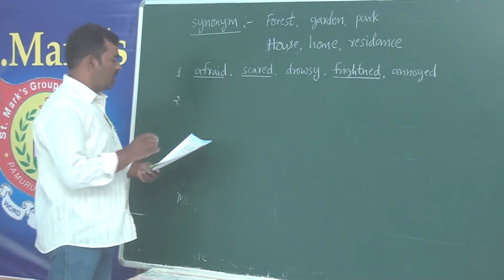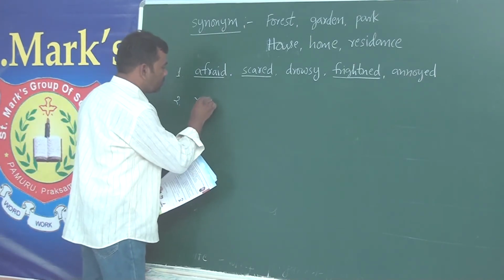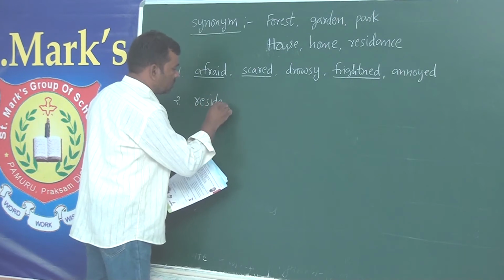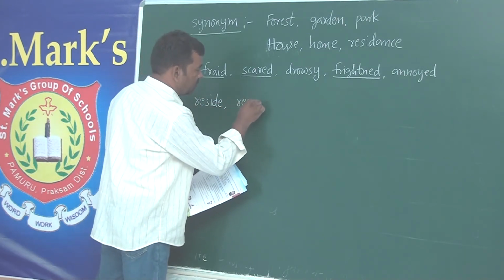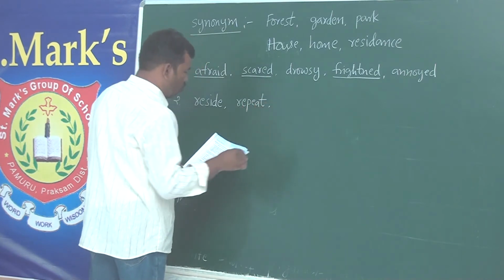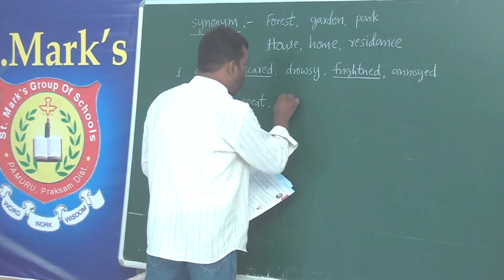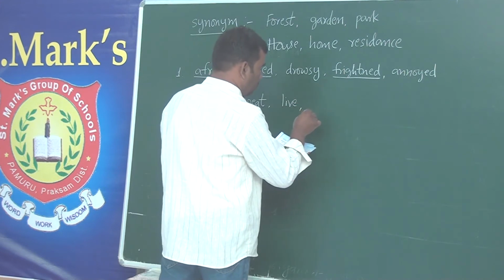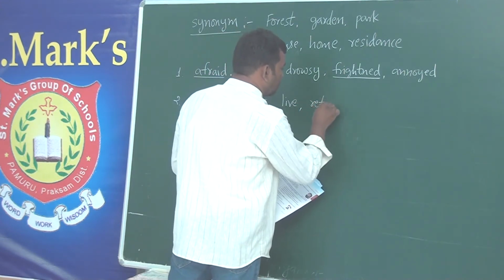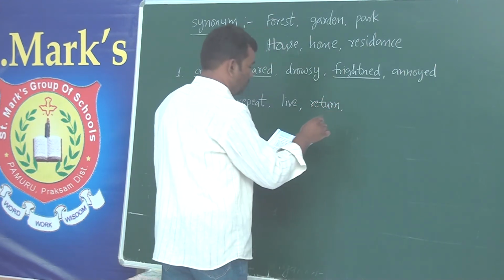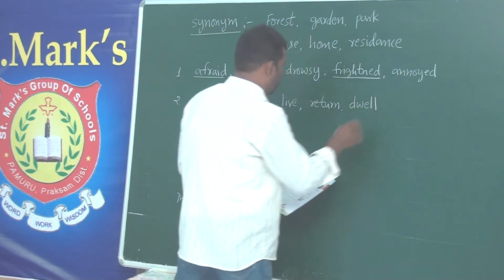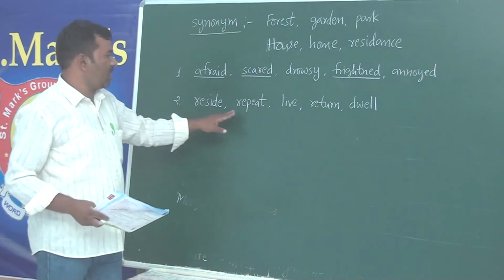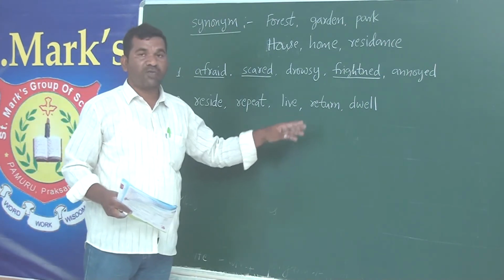So second is reside. Repeat, lie, return or dwell. So see, reside, repeat, lie, return, dwell.